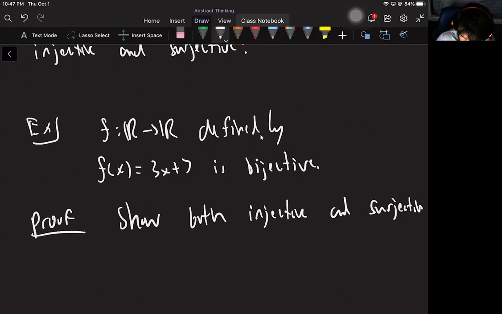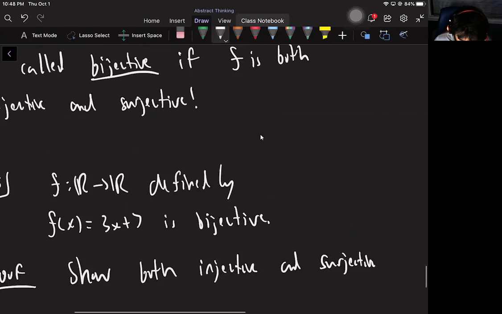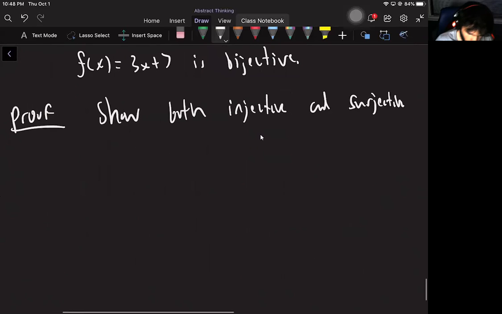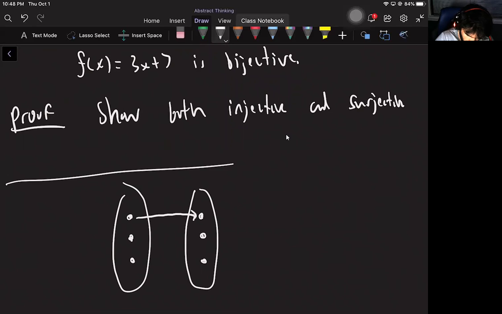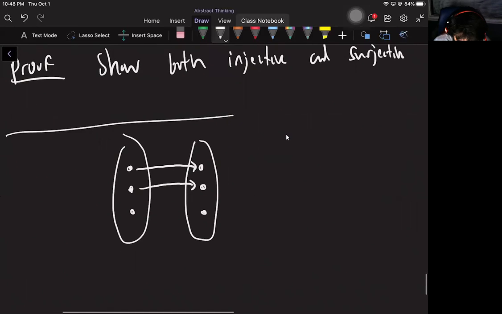And what this really means, when both things happen, is that the picture will always look something like this. Because nobody goes to the same place as anybody else, all your arrows sort of just have to go to separate things.